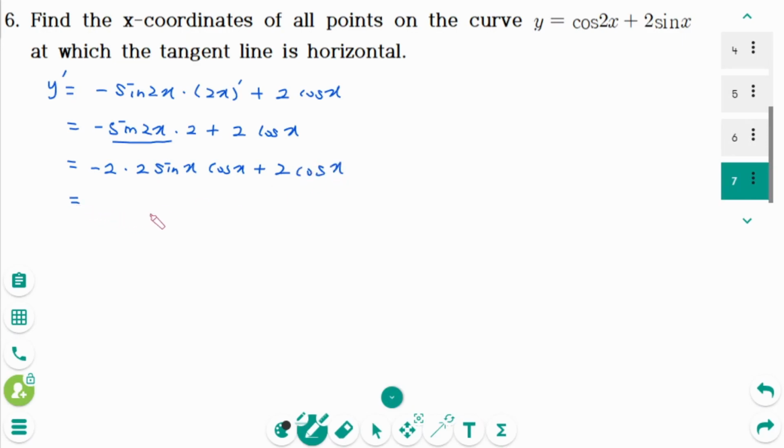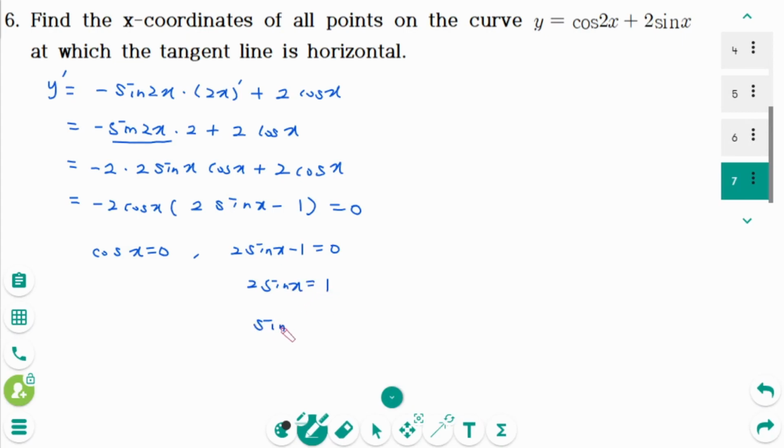We can factor, take out minus 2 cosine x, then (2 sine x minus 1) equals 0. That means cosine x equals 0 or 2 sine x minus 1 equals 0. That means 2 sine x equals 1. Sine x equals 1 over 2.